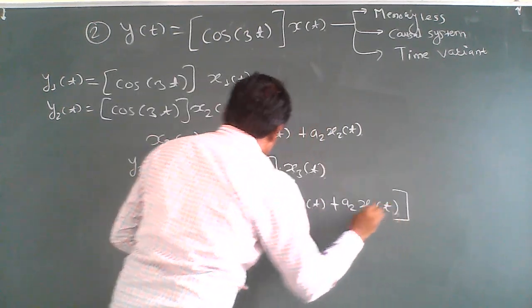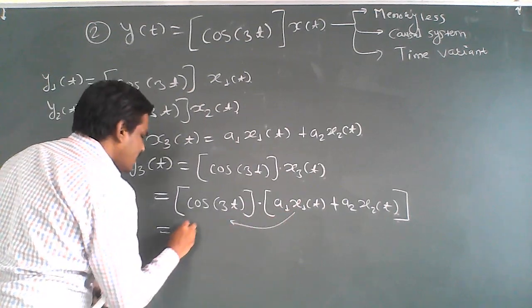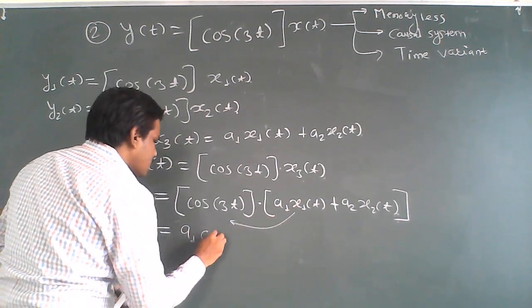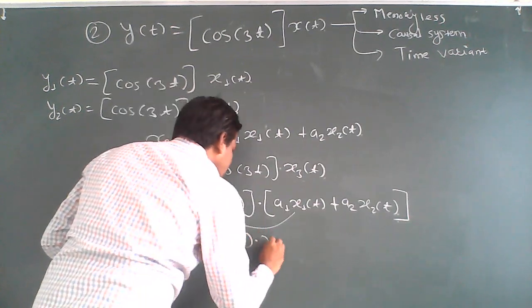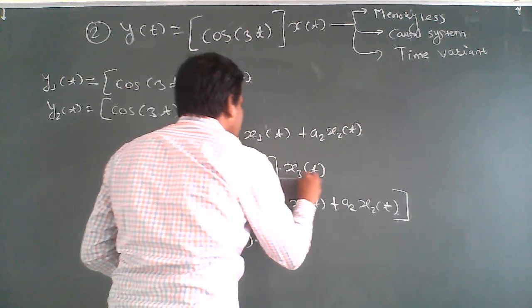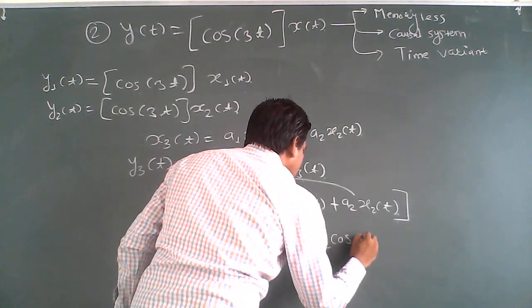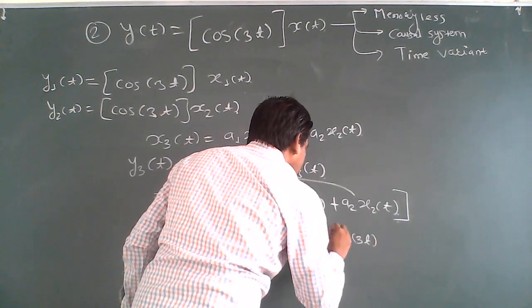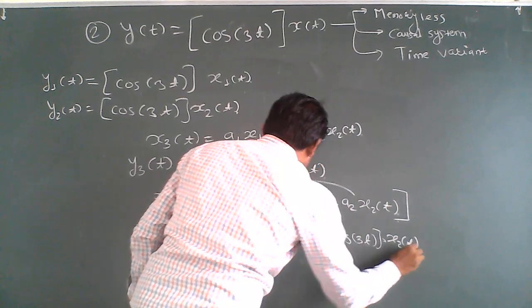If we solve it, we get a1 cos of 3t into x1 of t plus a2 cos of 3t multiplied by x2 of t.